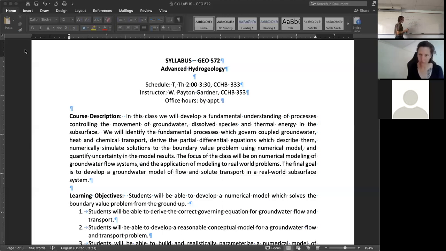Is the change in mass equal to the flux in minus the flux out? Okay, I like that better. We're staying in the right unit. The change in mass in our box is equal to the mass coming in minus the mass going out. I like that a lot. That's a good first stop.